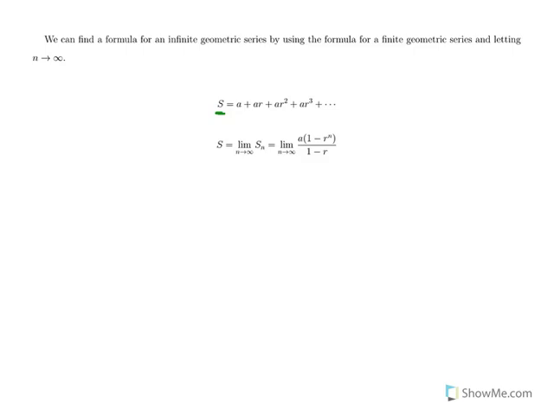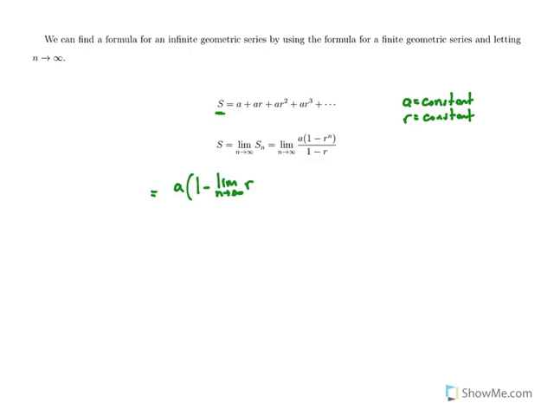All right, so in this limit, A is a constant, R is a constant. The only thing that has to deal with n is this R to the n term.